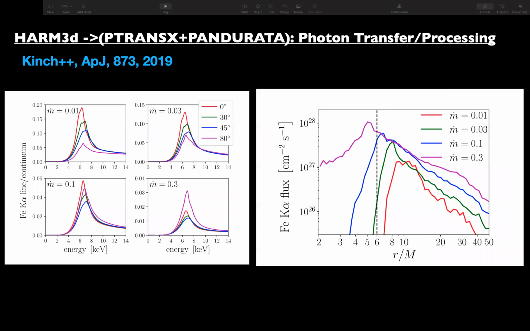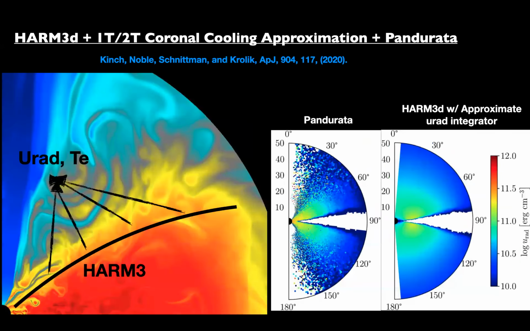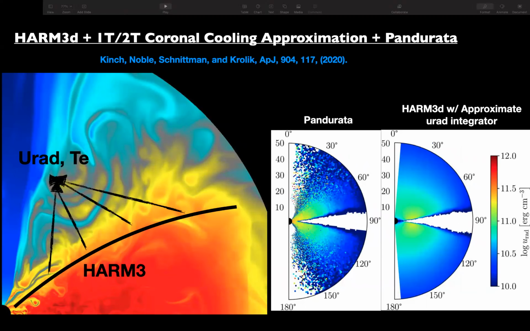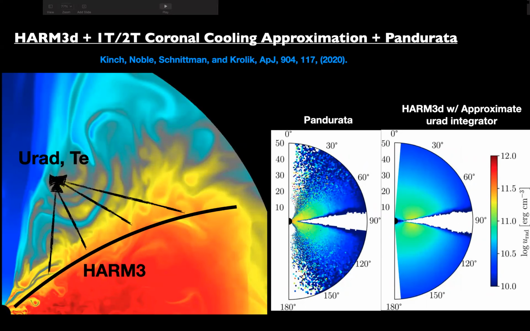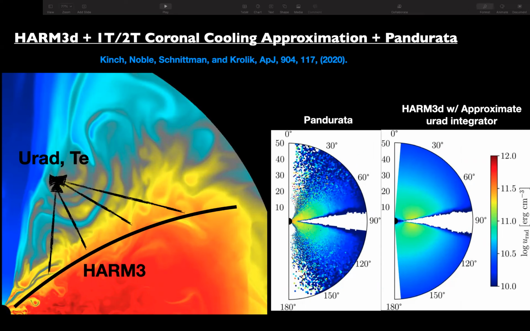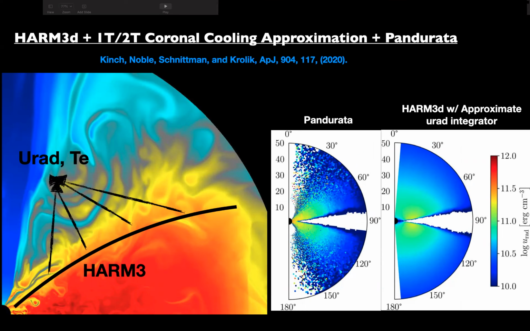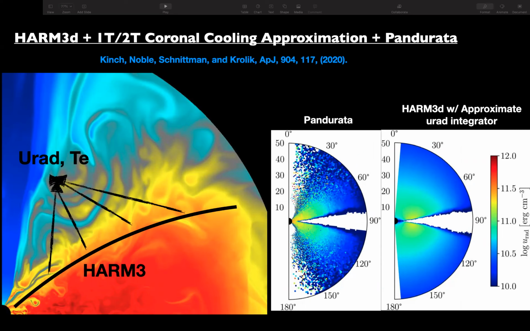You can calculate iron line profiles as a function of accretion rate from these MHD simulations. However, in order to figure out the temperature of your corona, you need the local radiation density. You can do that with Pandorata fine, right? It's throwing photons all over the place from the disk.